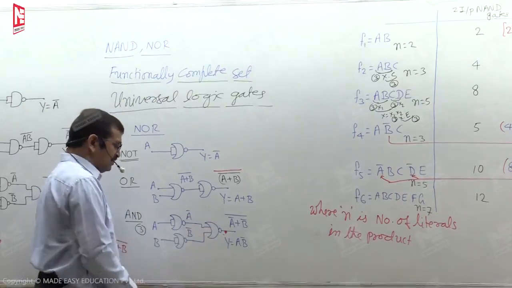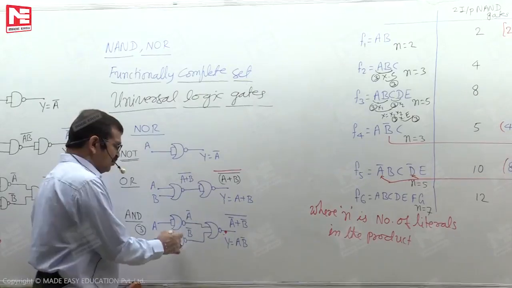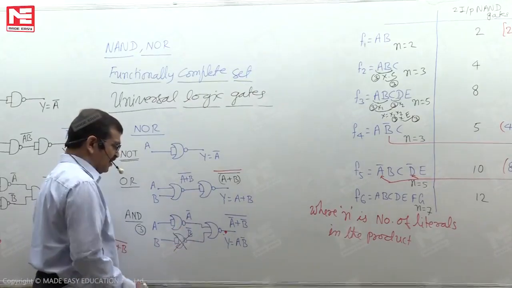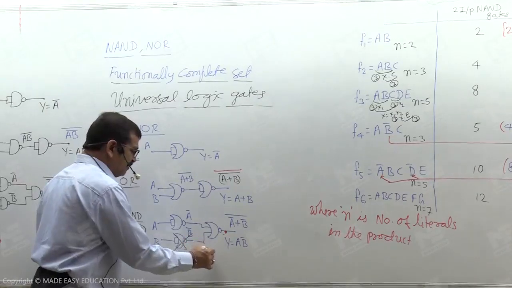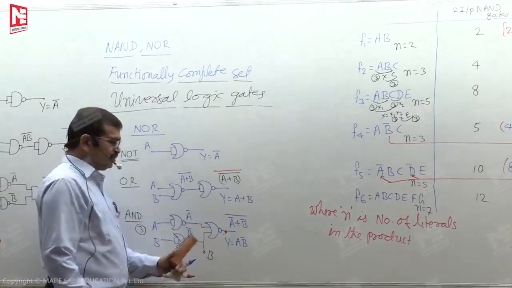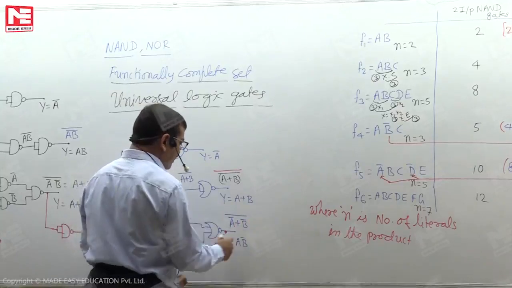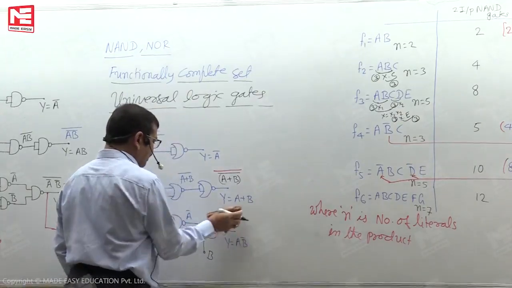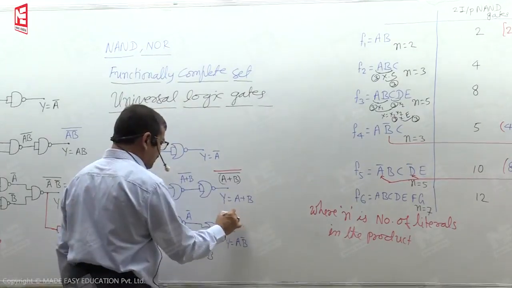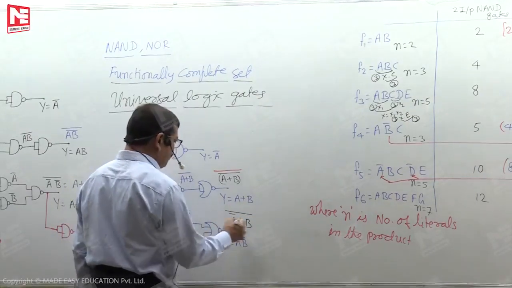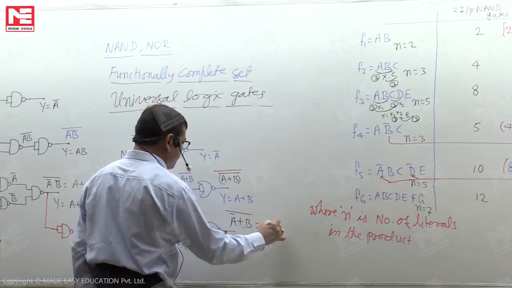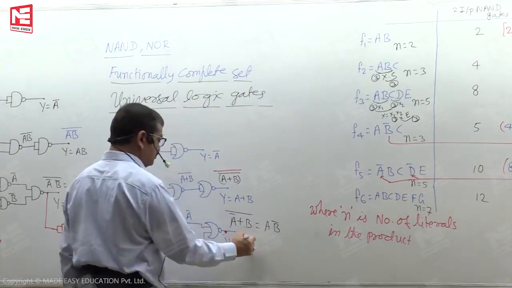If you want complement, there is no need for any such NOR gate. We must feed B directly here. If you feed B directly to this gate, one input is A complement and the other input is B. So A complement ORed with B, by De Morgan's property, is AB complement.